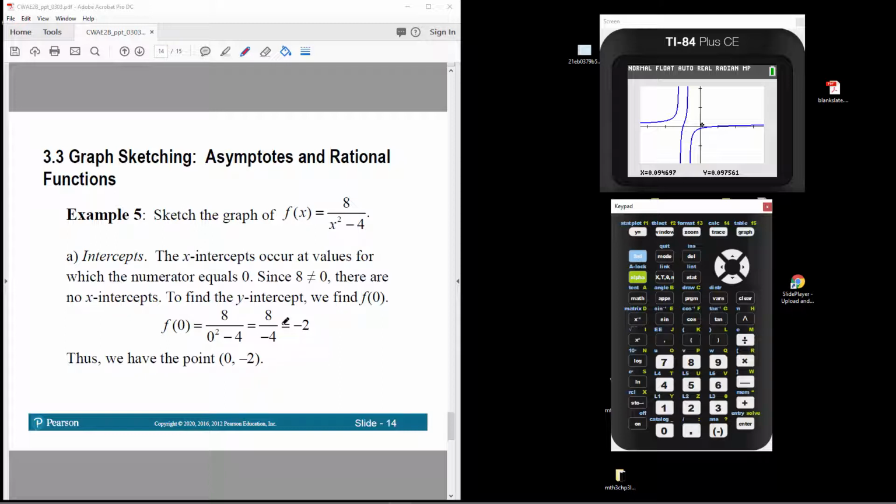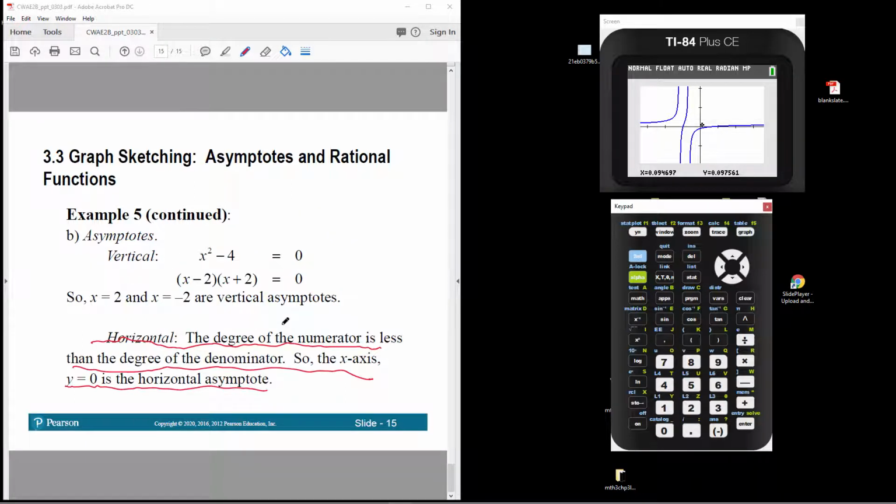This one asks you to sketch the graph. All I'm interested in is finding the asymptotes. Why is knowing the asymptotes important?